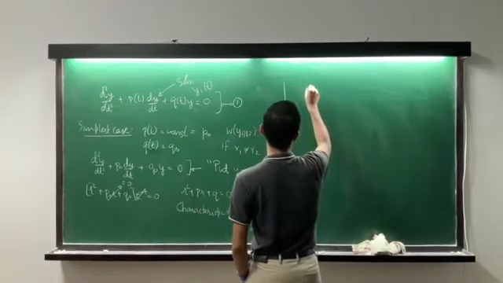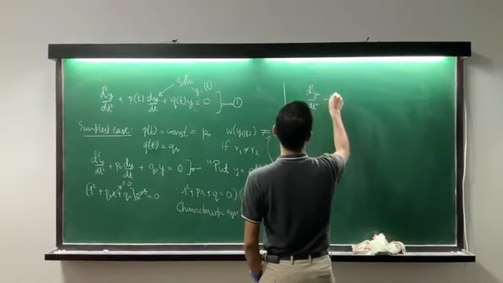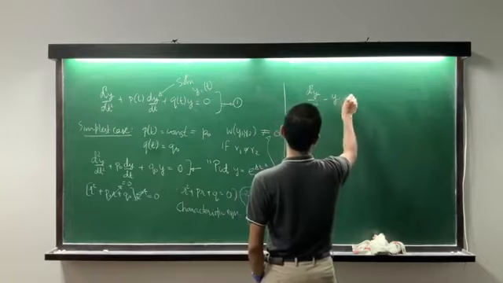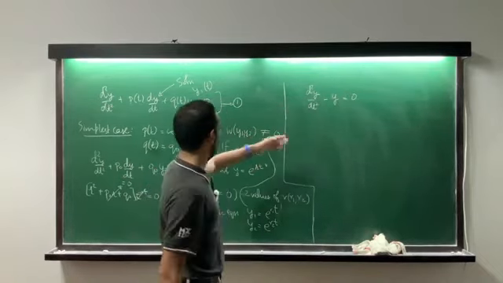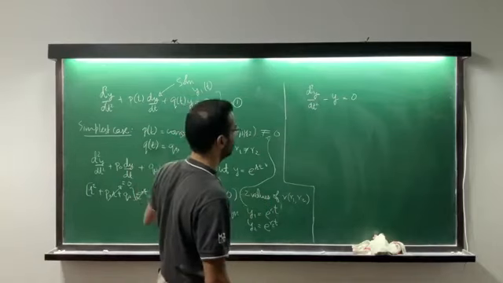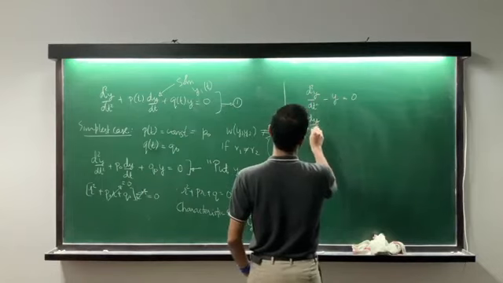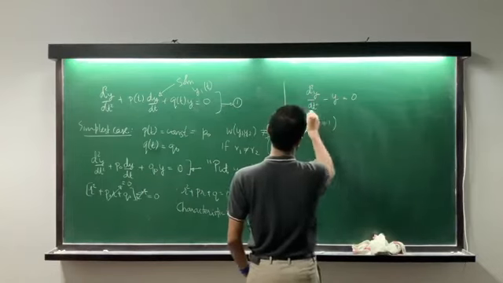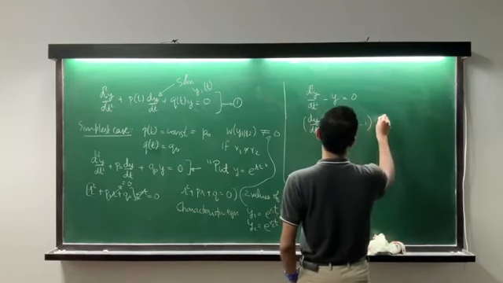So, if I had d square y by dt square minus y is equal to 0. This is kind of similar to this, where it is even simpler because q naught is minus 1, p naught is 0. But if you take this, you can write this down as d/dt plus 1 times d/dt minus 1 times y.